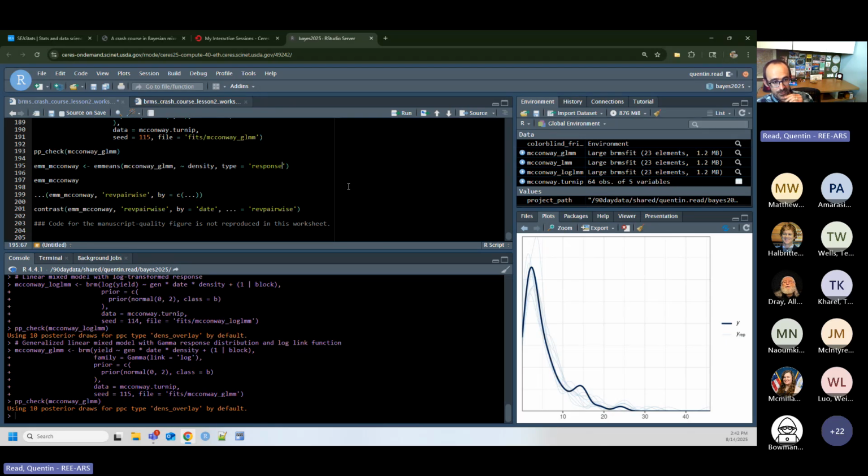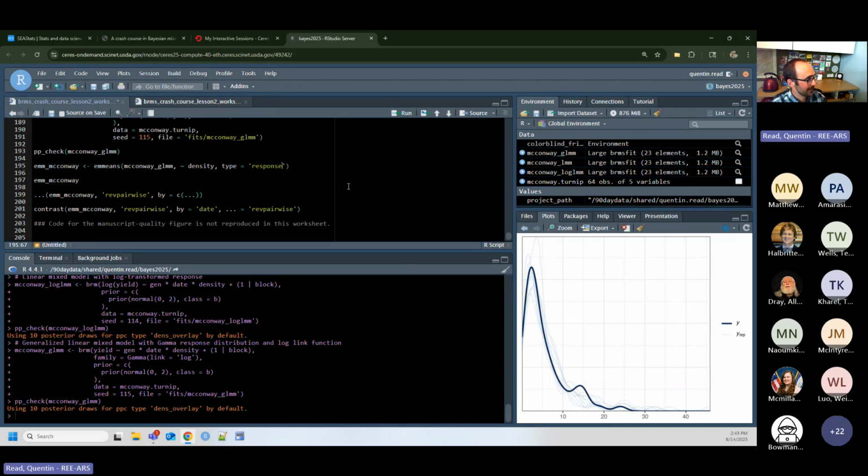So we'll get them in the units that yield is in, not in the log units, which is kind of like back transforming, but because the transformation is done within the model, it doesn't introduce the bias that would happen if we did the log transformation outside of the model. So it's a little bit better to do it this way.